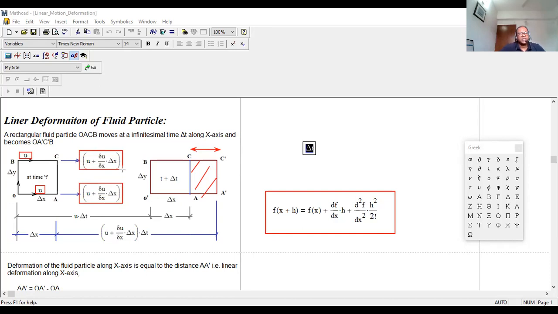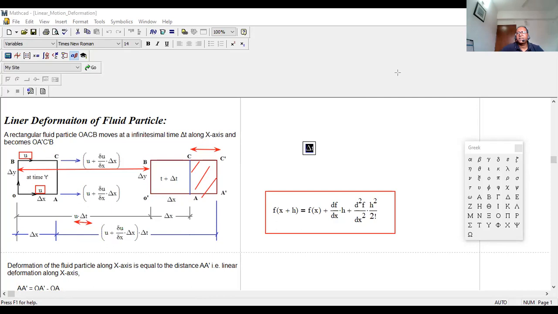Now, you see with delta t time, how much distance is traveled by line OB in time delta t? They travel this much. How can we figure out this distance? u into delta t, right? Now, how much distance is traveled by line AC?